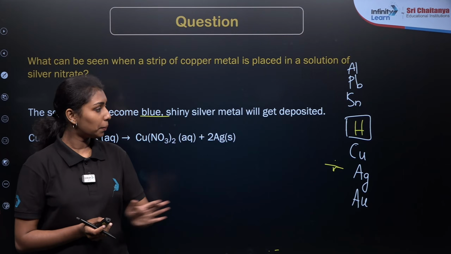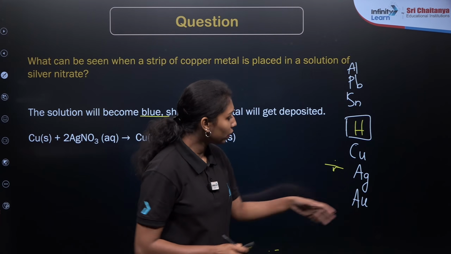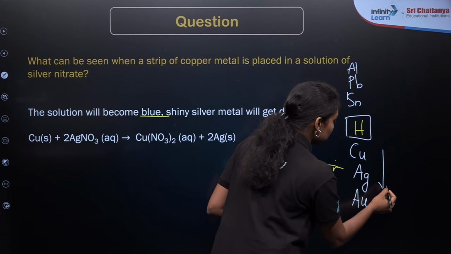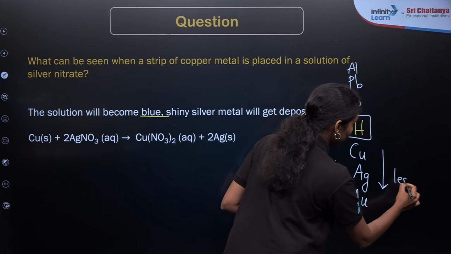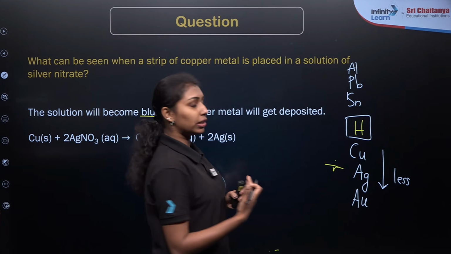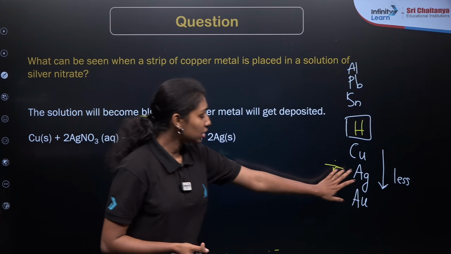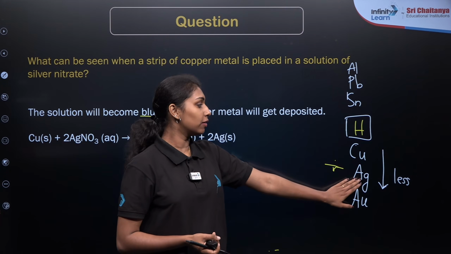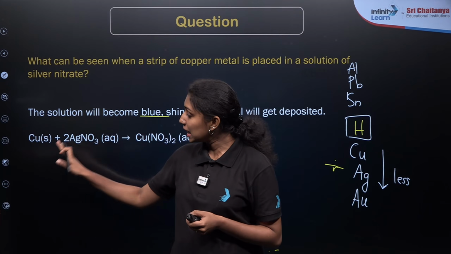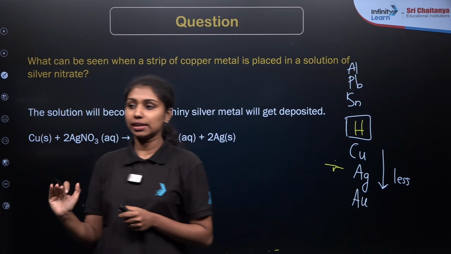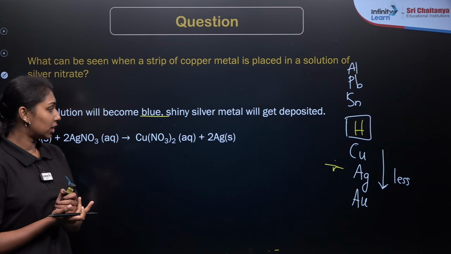So these are the part of the reactivity series. So you can see over here, if you compare the reactivity, silver is more reactive than the copper, right? Sorry, silver is less reactive than the copper. As we are moving from top to bottom, what is happening to the reactivity? Reactivity decreases, which means that copper is more reactive than silver, or silver is less reactive than copper. So copper can easily displace silver from the silver nitrate solution based on the reactivity series.